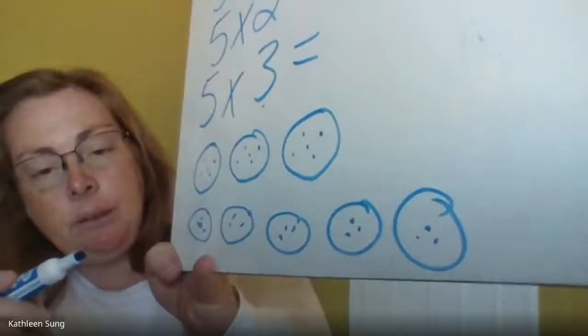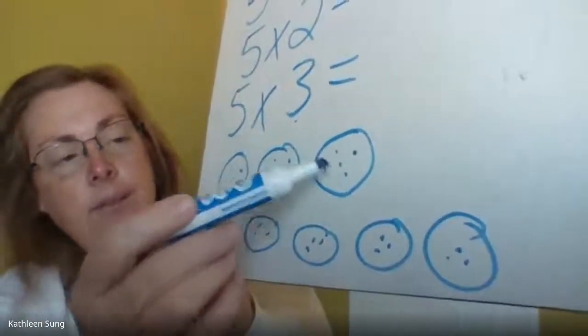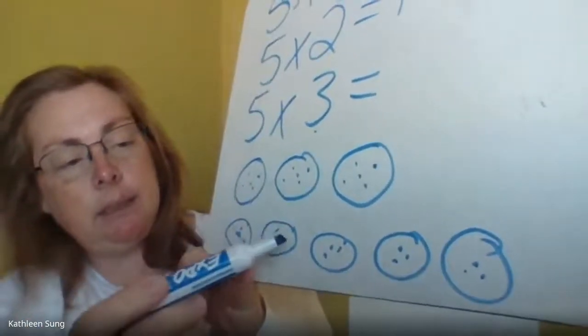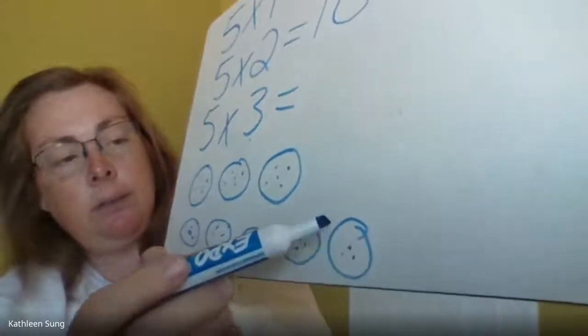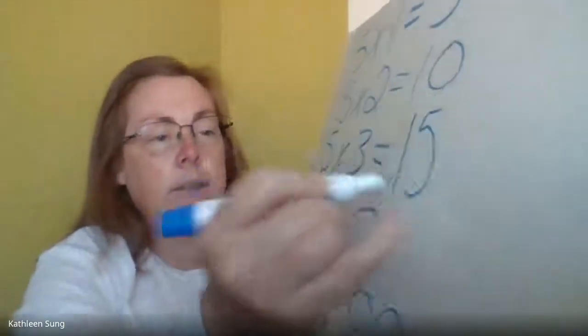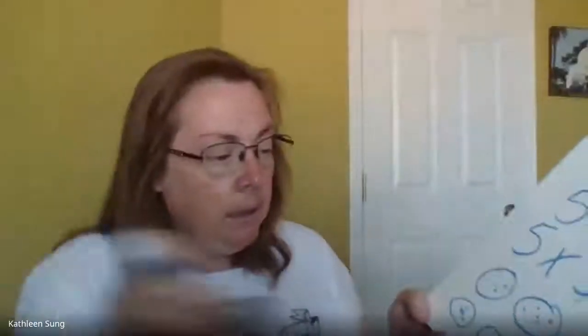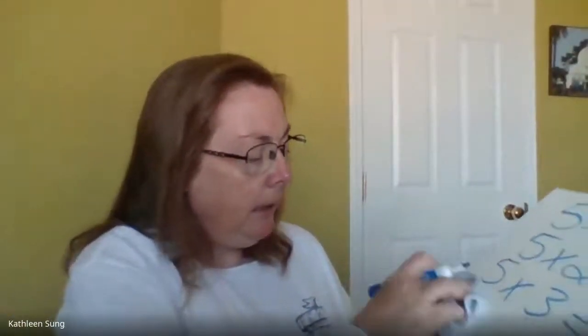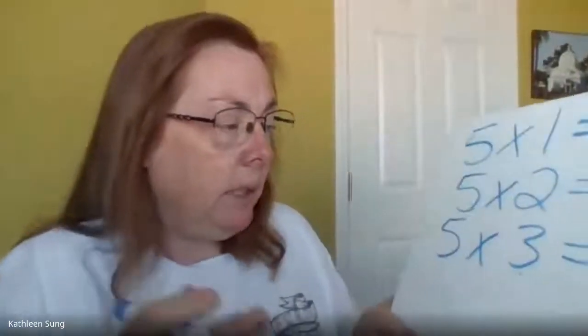Okay. Either way, the answer is going to be the same: 5, 10, 15, or 3, 6, 9, 12, 15. So 5 times 3 is 15. Okay. All right. Now we're ready to predict. I think you were ready to predict before because you know your 5 times tables, but we got to take it step by step.